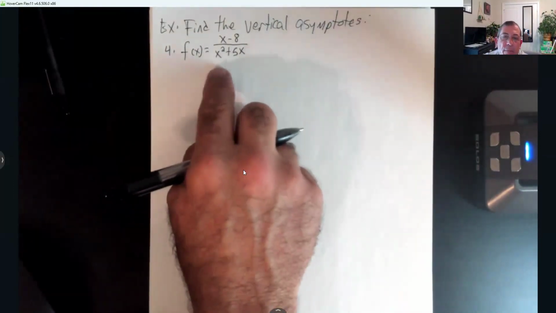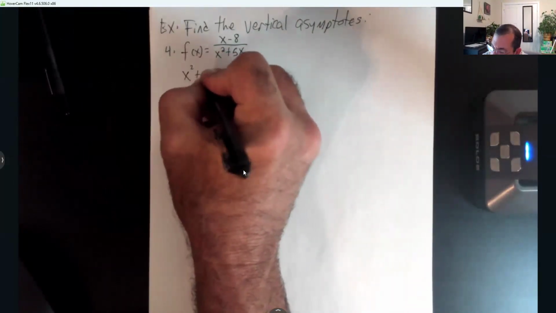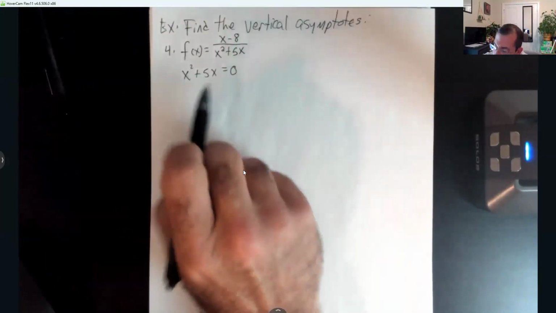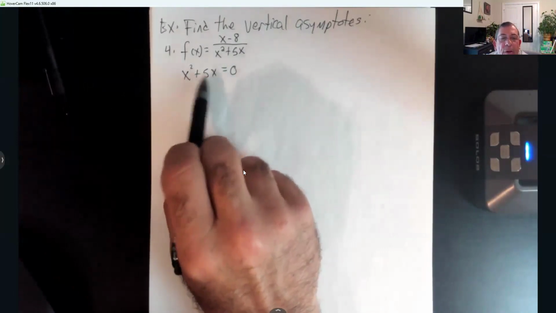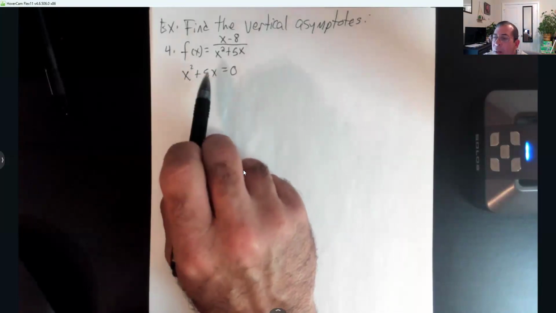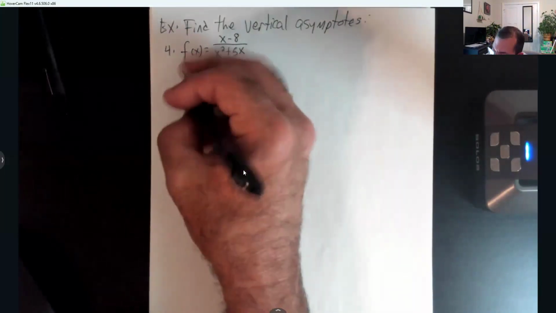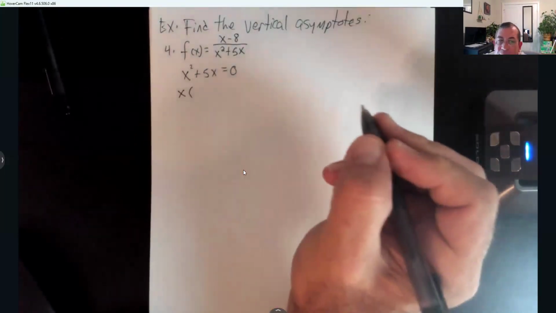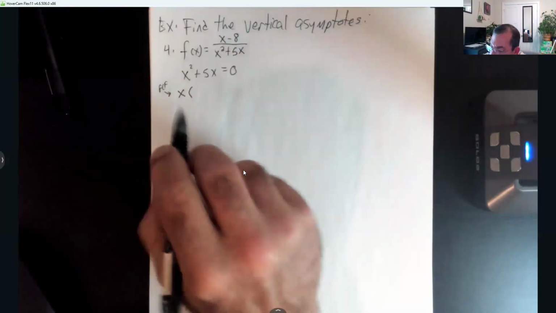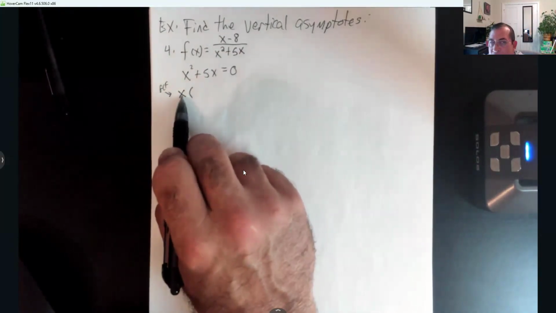So we're basically doing the same thing we did with the domain. X squared plus 5x is going to be set to 0. We're going to solve it now for x. But y'all look here. You got an x squared term and an x term. They both have a GCF. So the easiest way to factor this would be to factor out a GCF of an x. Anytime you got an x in every term, your first move is to factor that out, okay?